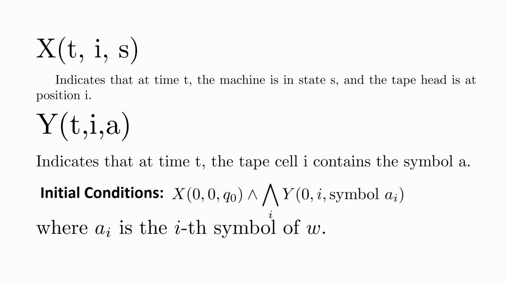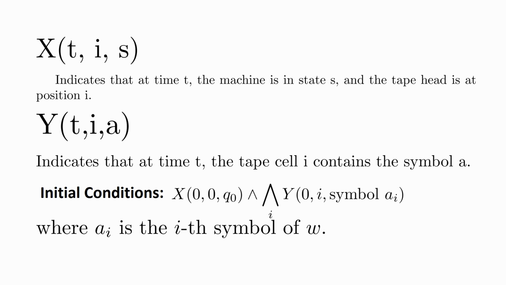The formula enforces this using variables. X_0,0,q_0 says that at time t equals 0, the machine is in state q_0 and the head is at position 0. Y_0,i,a_i specifies that each tape position i holds the symbol a_i, corresponding to the characters of w. Here's how we write this as a formula.